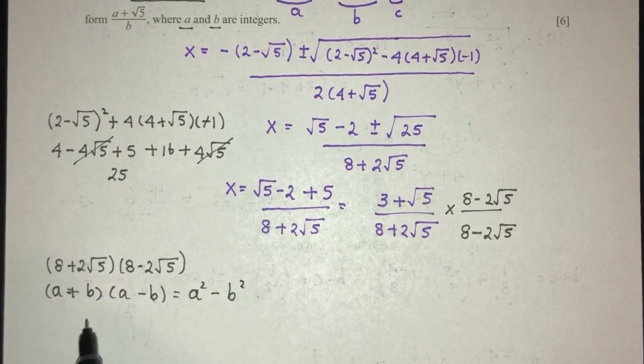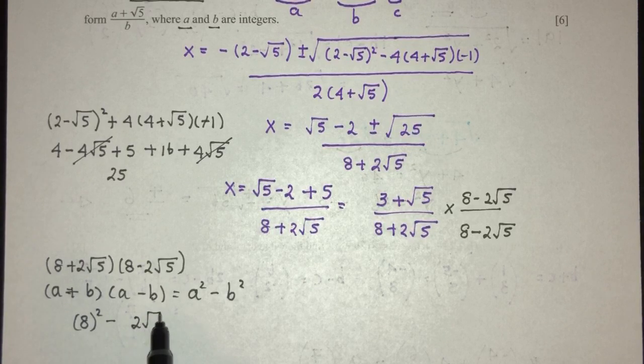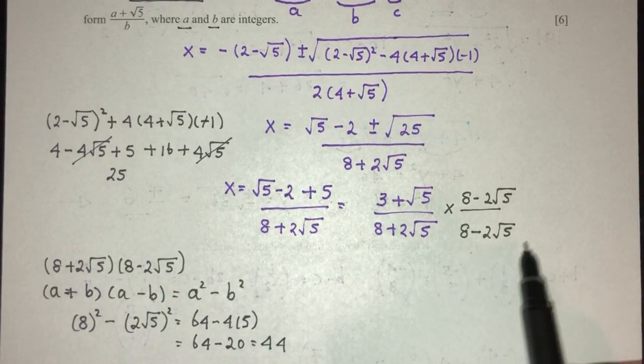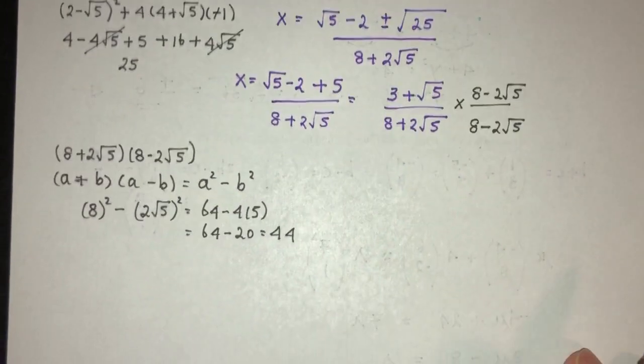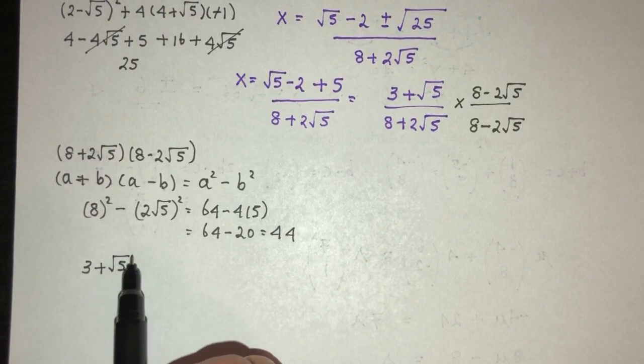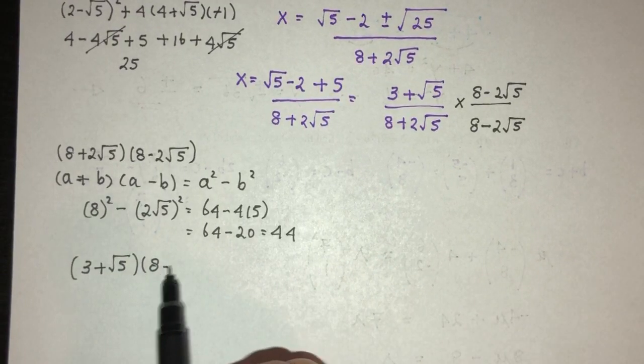So this thing becomes 8 squared minus 2 root 5 squared. That will be 64 minus 4 times 5. That will be 64 minus 20. That will be 44. So the base become 44. How about the top? The top is 3 plus root 5 times 8 minus 2 root 5.